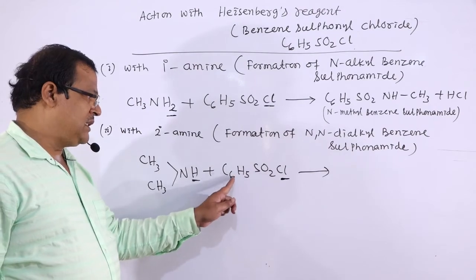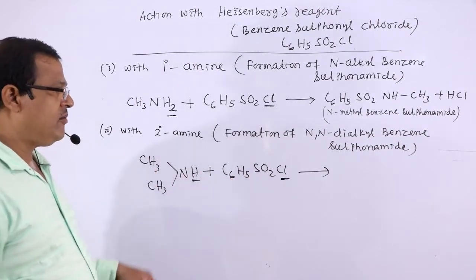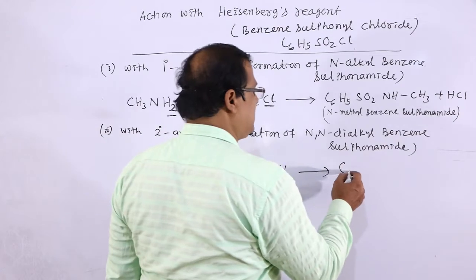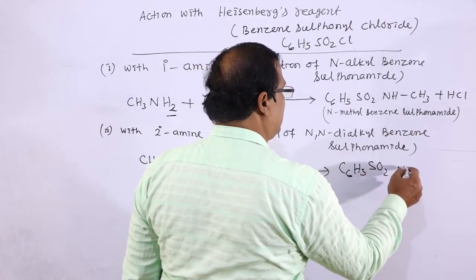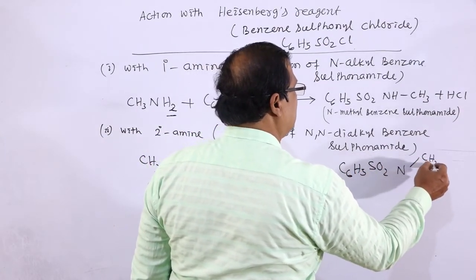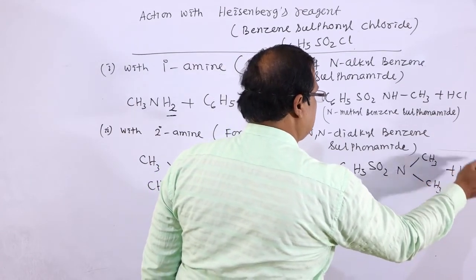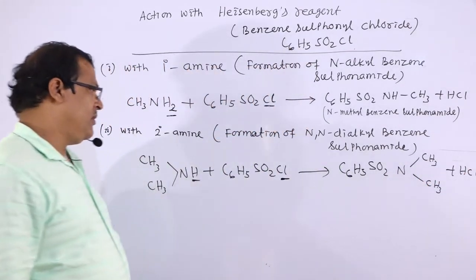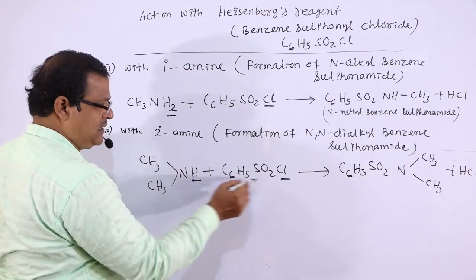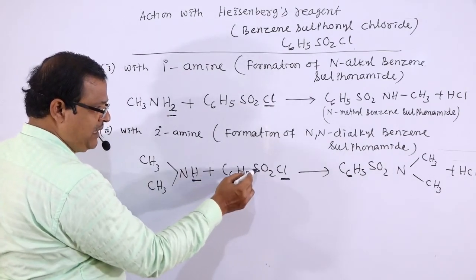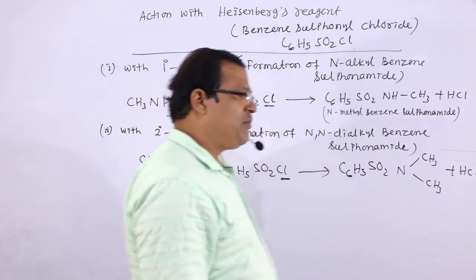The product will be C6H5SO2N(CH3)2 plus HCl. After the removal of H and Cl as HCl, the compound C6H5SO2N(CH3)2 is formed.